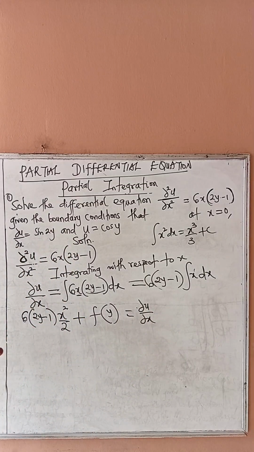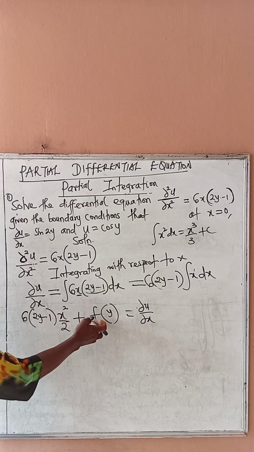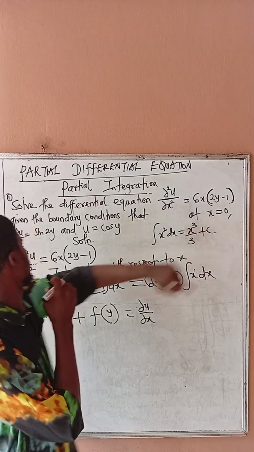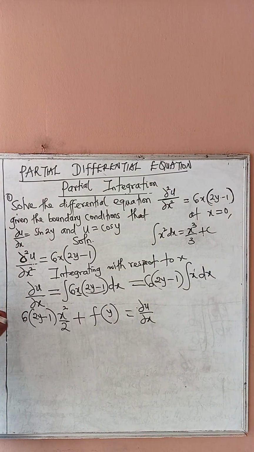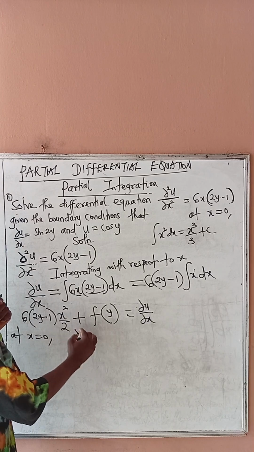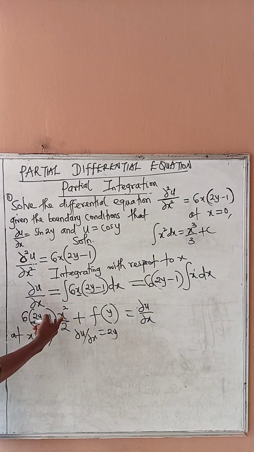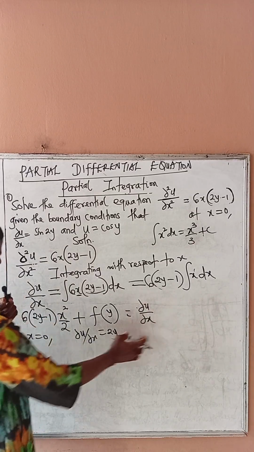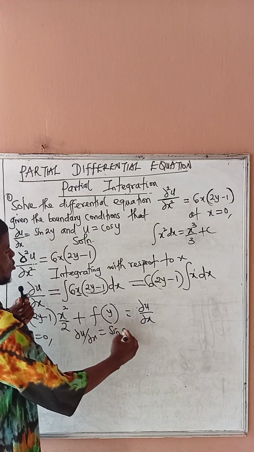Now, let's apply the boundary conditions to determine what f of y is. They say that at x equal to 0, partial u partial x equals sine 2y. So anywhere I see x here, I just write a 0, and replace the left side with sine 2y.